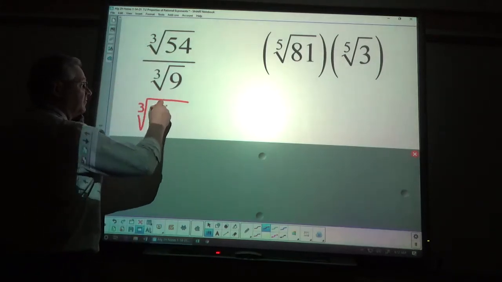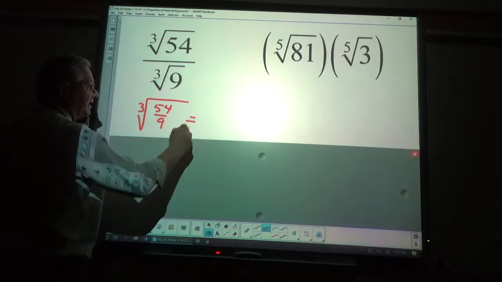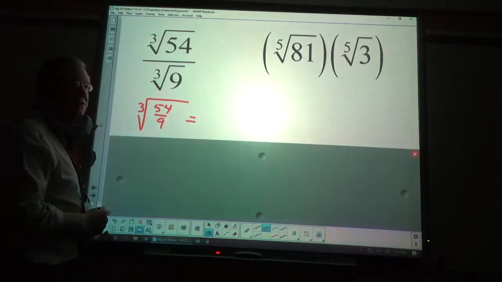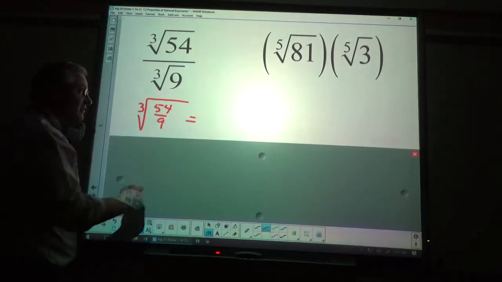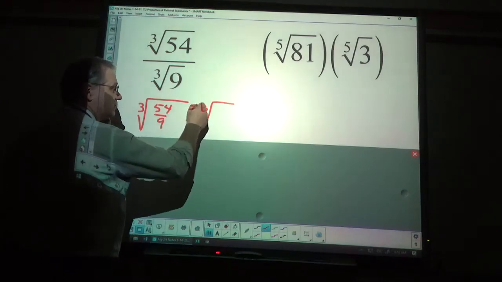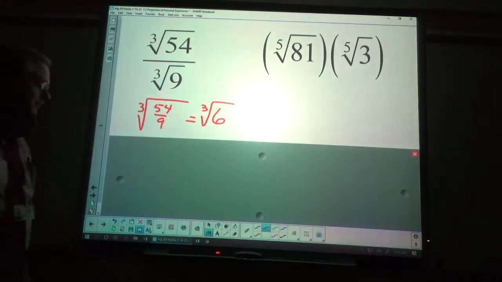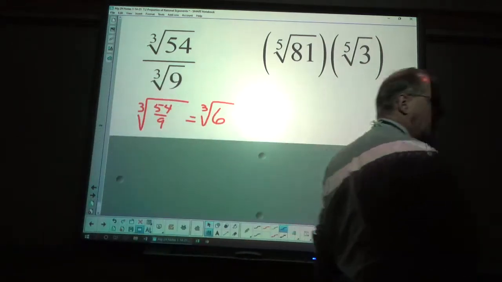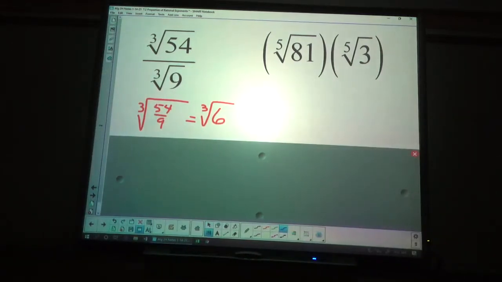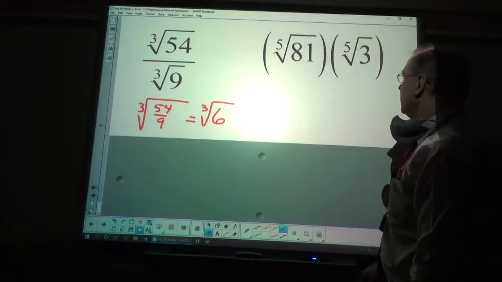Like 54 over 9, that simplifies. 9 goes into 54 6 times evenly, so that is the cube root of 6, and that's as far as I can go with that one. We'll talk about rationalizing a little bit later.